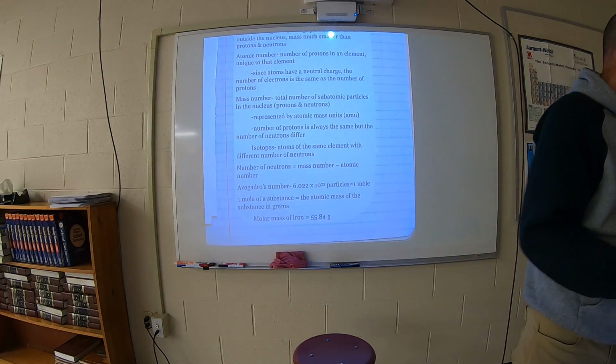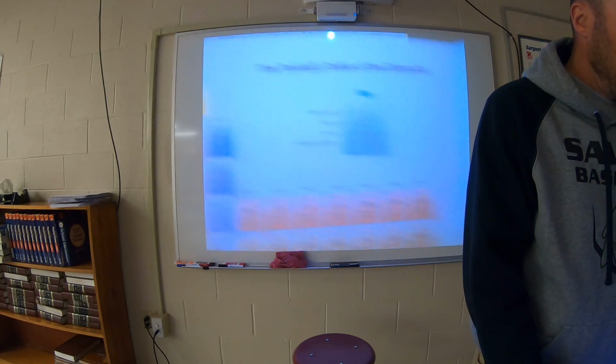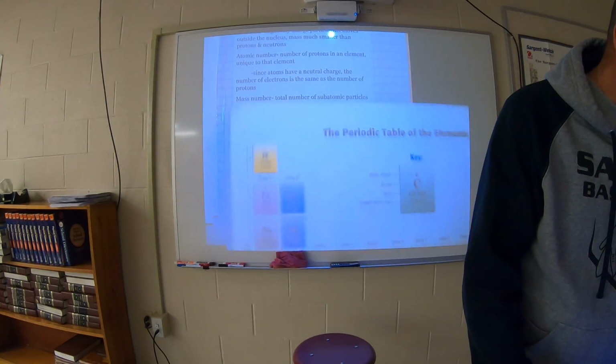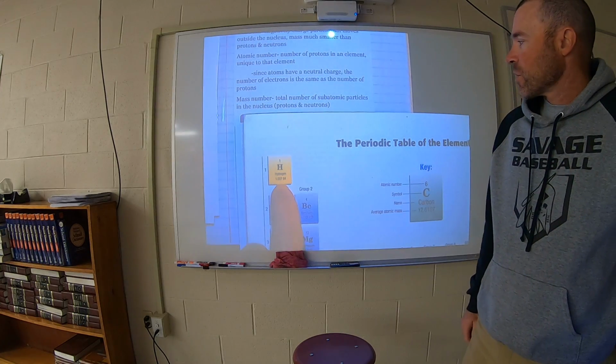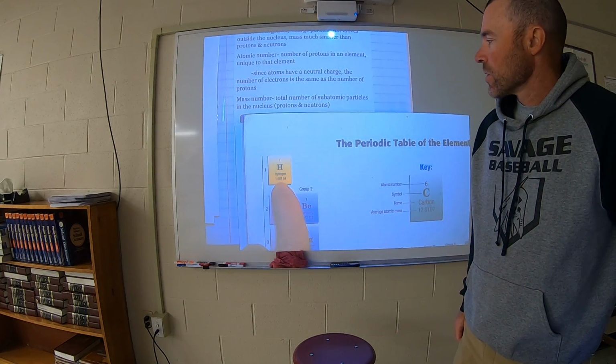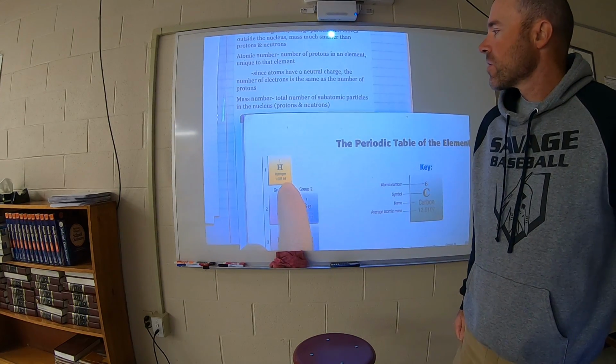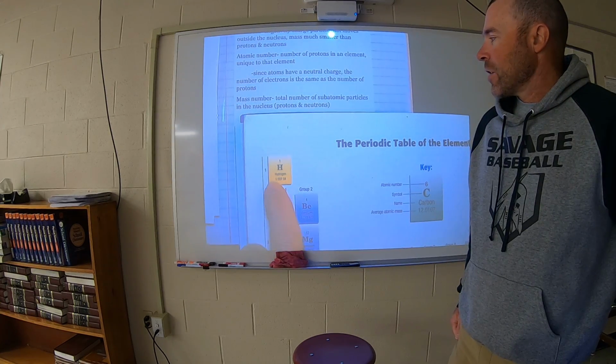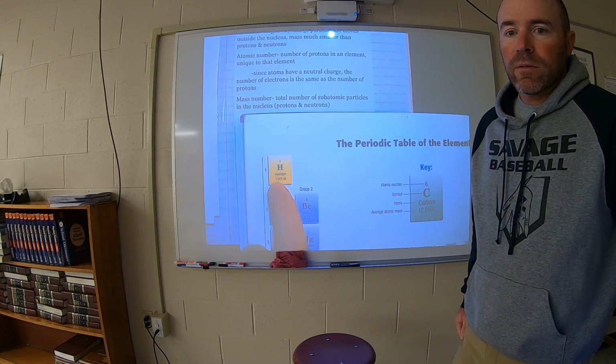On the periodic table, what they give you here is the average atomic mass. Hydrogen's average atomic mass is 1.00794. In other words, most hydrogen atoms have an atomic mass of 1.